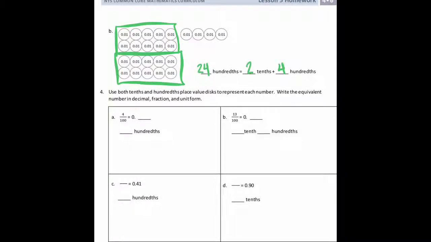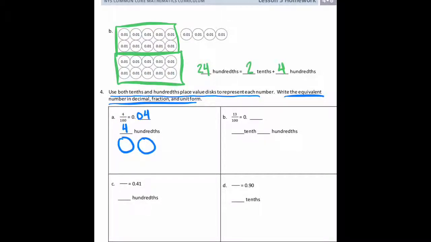Okay, on number 4, it says use both tenths and hundredths place value discs to represent each number. Write the equivalent number in decimal, fraction, and unit form. So we have 4 hundredths, which is the same as 0.04, because remember it's not 0.4 because it's not 4/10, it's 4 hundredths.